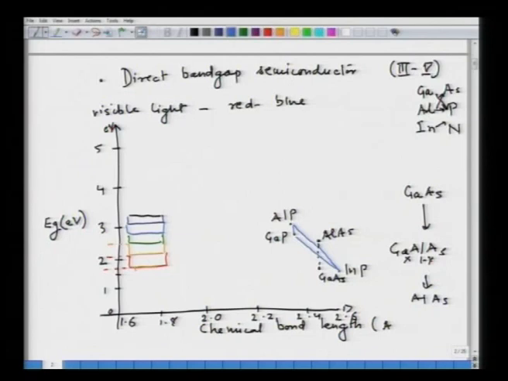Indium nitride is somewhere here, and gallium nitride is above 3.4, aluminum nitride is even higher than 5, around 6.